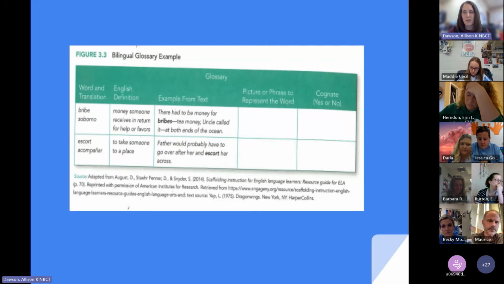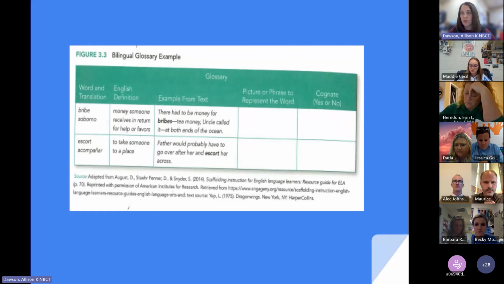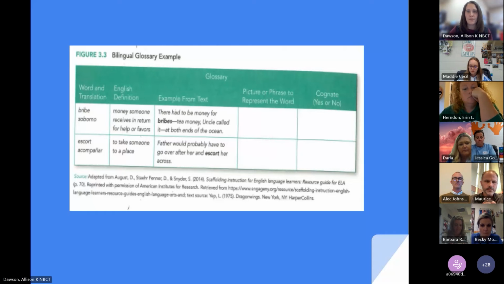I think it's important, and the text points this out too, that whenever you're having students define words, that you use a student-friendly definition. Many times the Webster's Dictionary definition that they find is often more confusing and very wordy. So if we're trying to make things more accessible, using that student-friendly definition and having a visual or a picture when possible is very helpful.